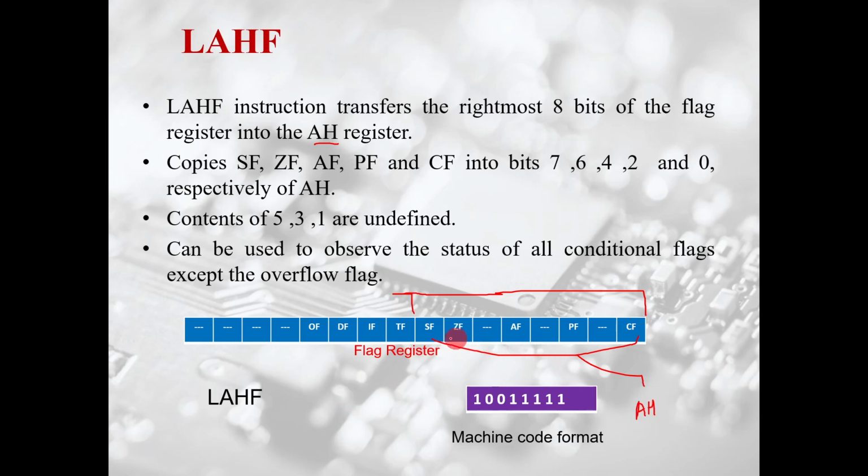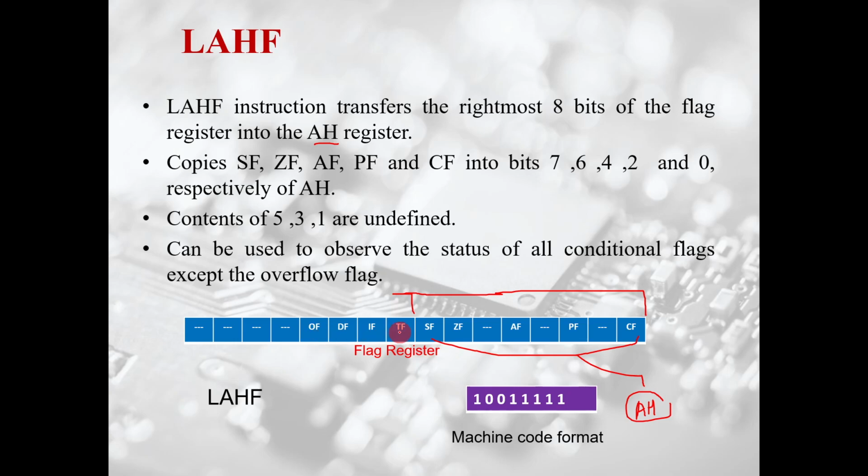So you might be doing some instructions and want to preserve the status of the flags. You can move the status of the flags into the AH register and do some other computation, and later on, if required, get that data back into the flag register. That is permissible.